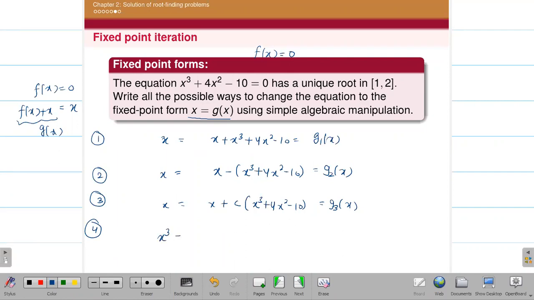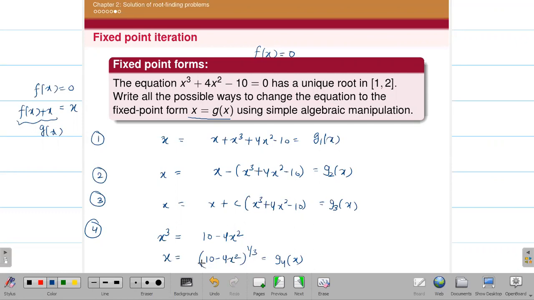Any other way? There are actually several ways to write. From this equation you can write x cube on the left and 10 minus 4x square on the right hand side. Then I will write x is equal to 1/3 of 10 minus 4x square. This is also one way to write g of x, because we always want x on the left side and the remaining function g of x on the right hand side.